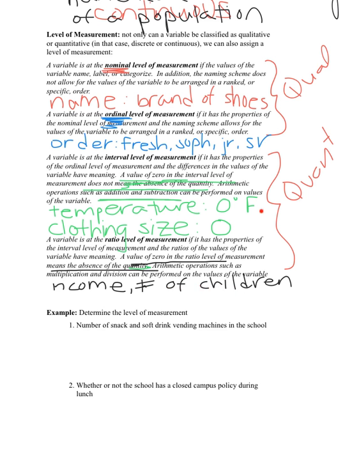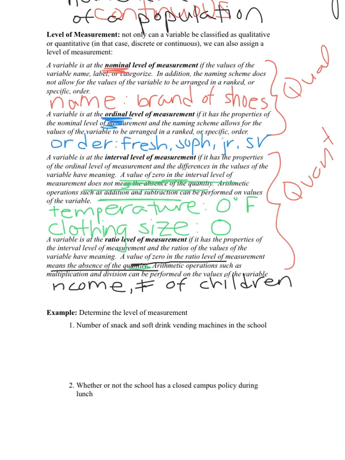If it was 1 degree Fahrenheit and the next day it was 2 degrees, we wouldn't say it was twice as hot. We could just say it's a degree hotter. So addition and subtraction work better here. Multiplication and division don't work with the interval level of measurement.